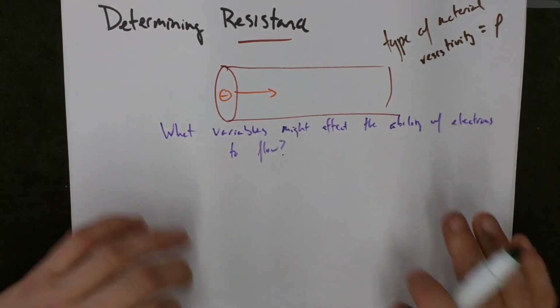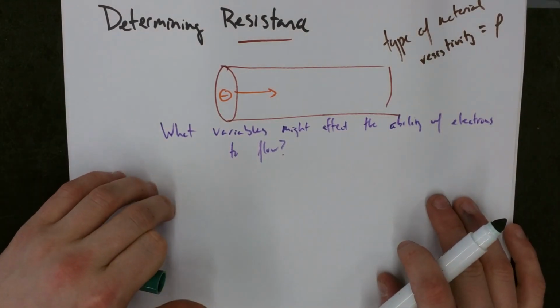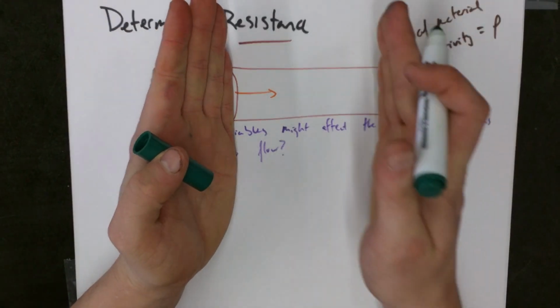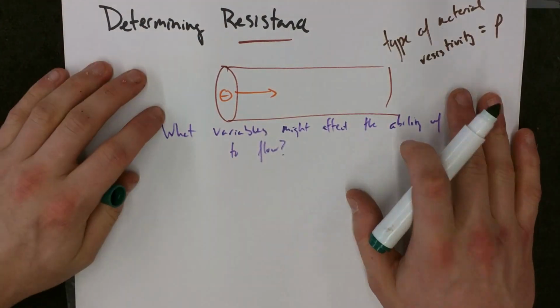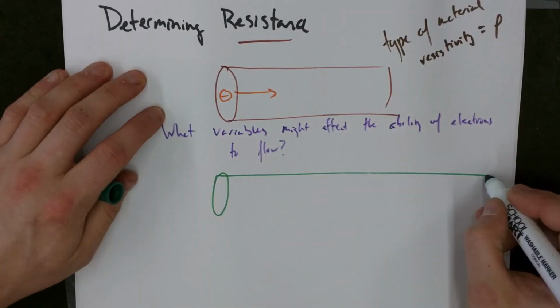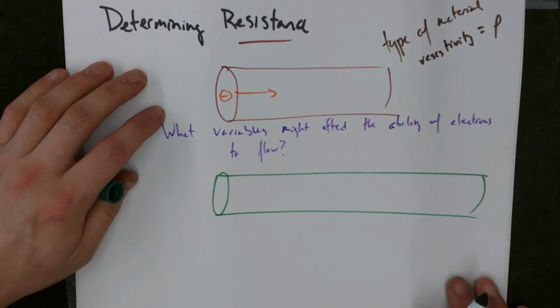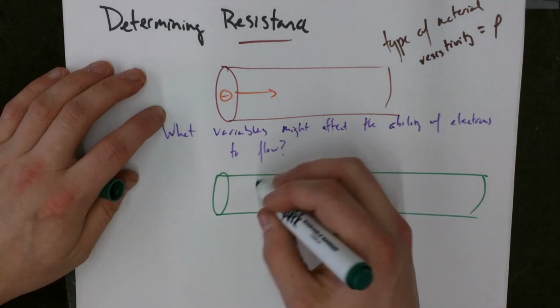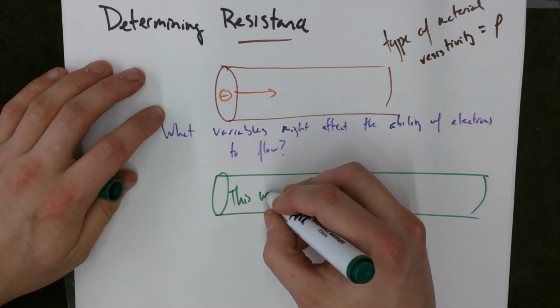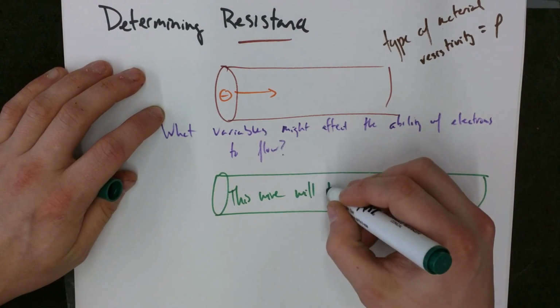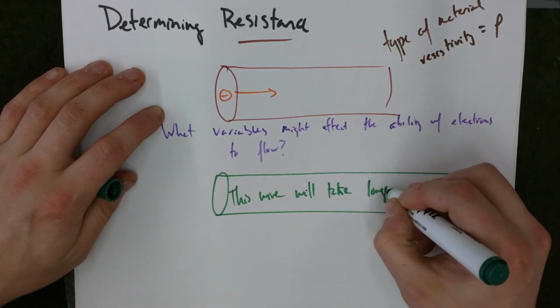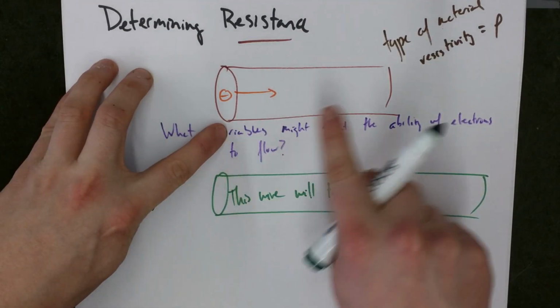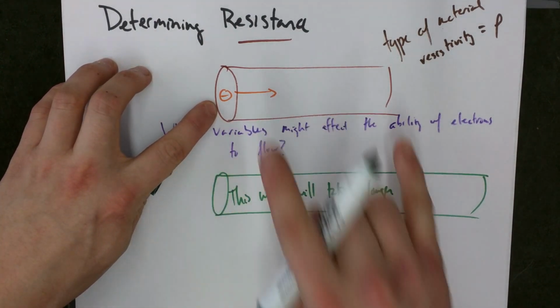Next thing, maybe the length of the wire itself. So if I have a wire that's this long versus a wire that's, say, that long, this wire will take longer for electrons to flow. It'll take longer for the electron to reach its end.